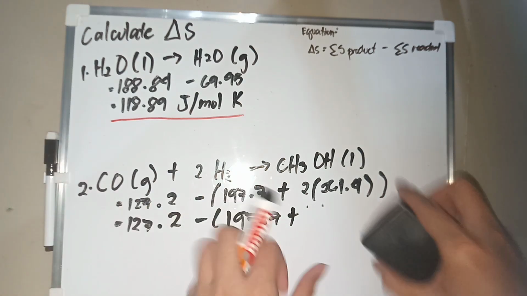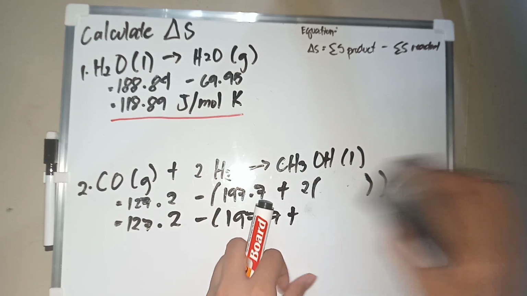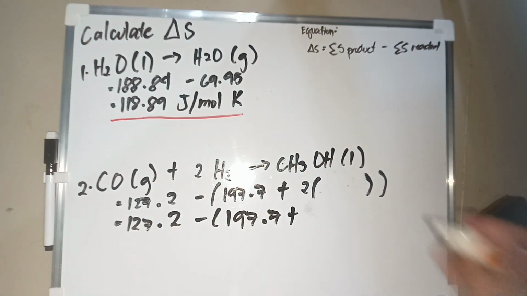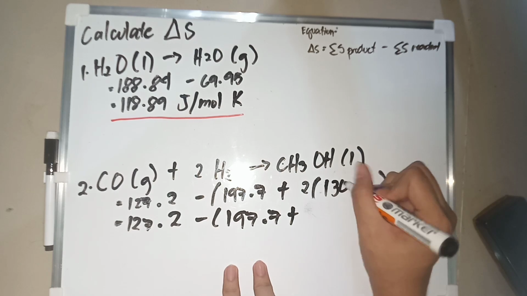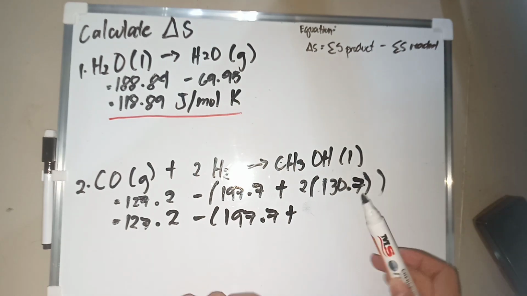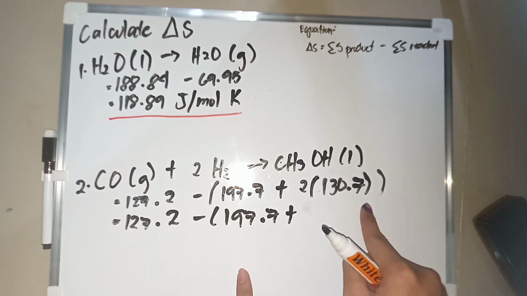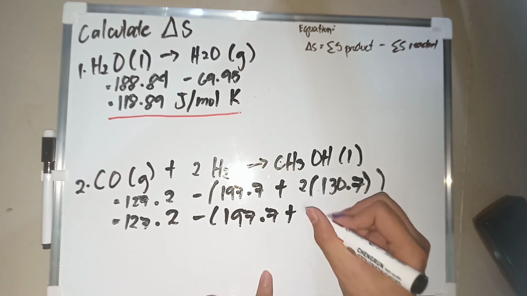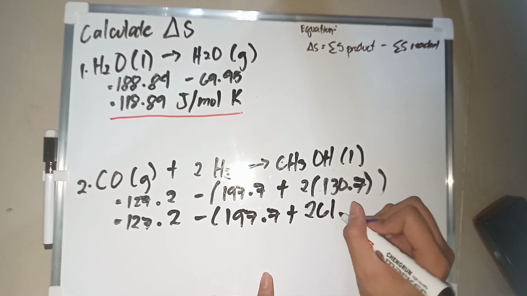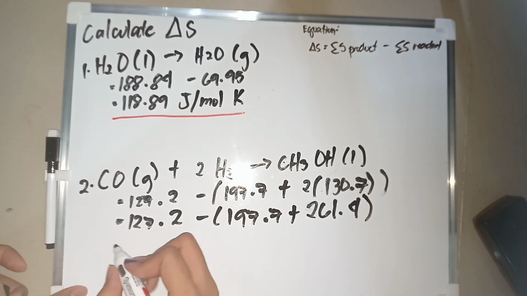The value of hydrogen is 130.7. So 2 times 130.7, we would get 261.4. Now we just add it.